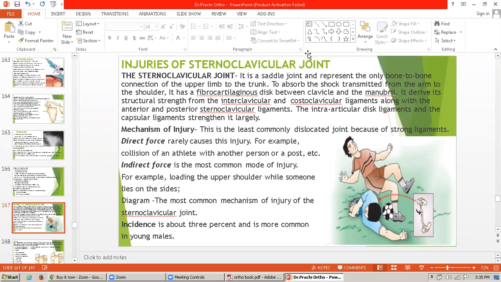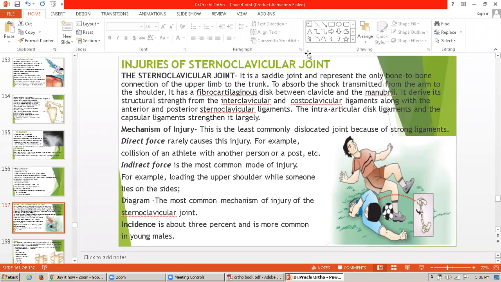So next is the injury to the sternoclavicular joint. In this diagram, we can see the most common mechanism of injury of the sternoclavicular joint. Firstly, the sternoclavicular joint is a saddle joint. It represents the only bone-to-bone connection of the upper limb to the trunk and absorbs the shock transmitted from the arm to the shoulder. It has a fibrocartilaginous disc between the clavicle and the manubrium.